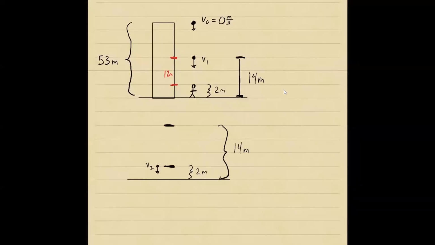Like we've listed in this diagram here, the rock is moving at a speed v1, right? And so we're going to try and find out how much time there is between these 2 points.